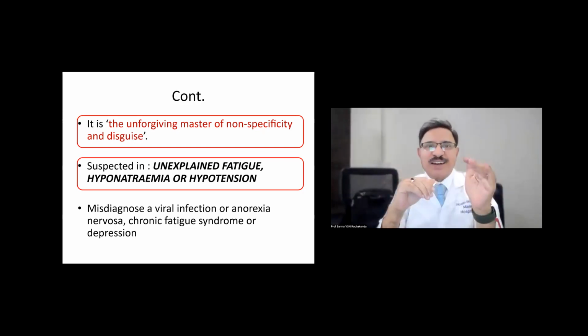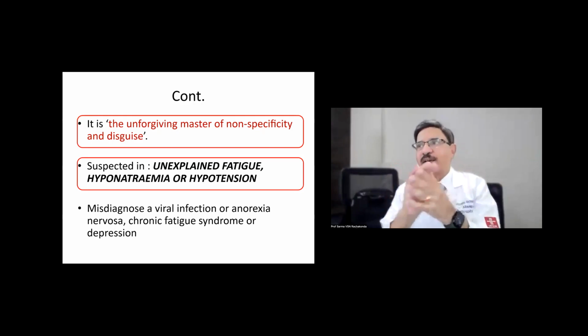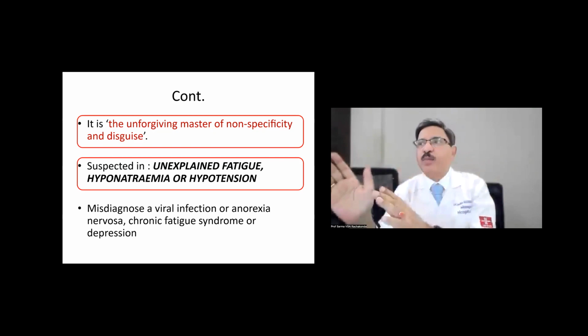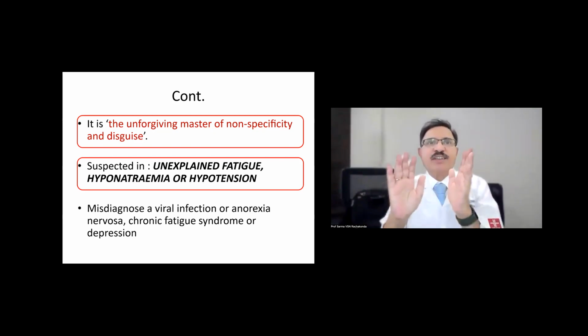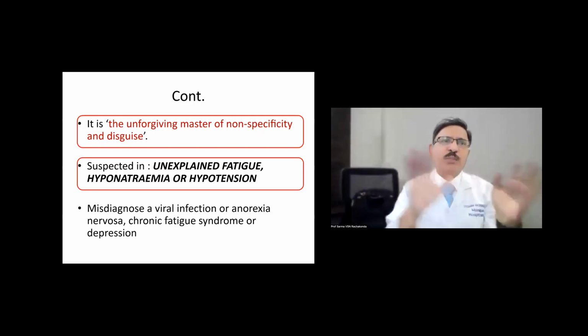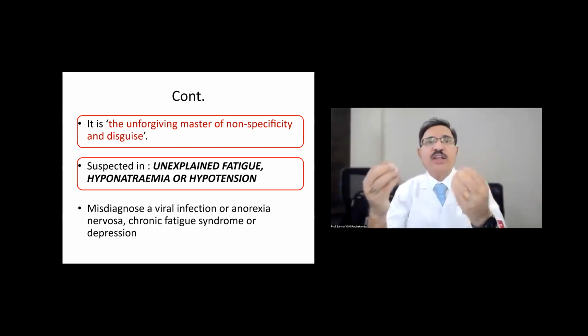When should we suspect it? Very important things are unexplained fatigue, hyponatremia, and hypotension. Remember this. Somebody comes with listlessness, fatigue, not able to do anything. From morning onwards, I feel like sleeping. I am not able to do any work.